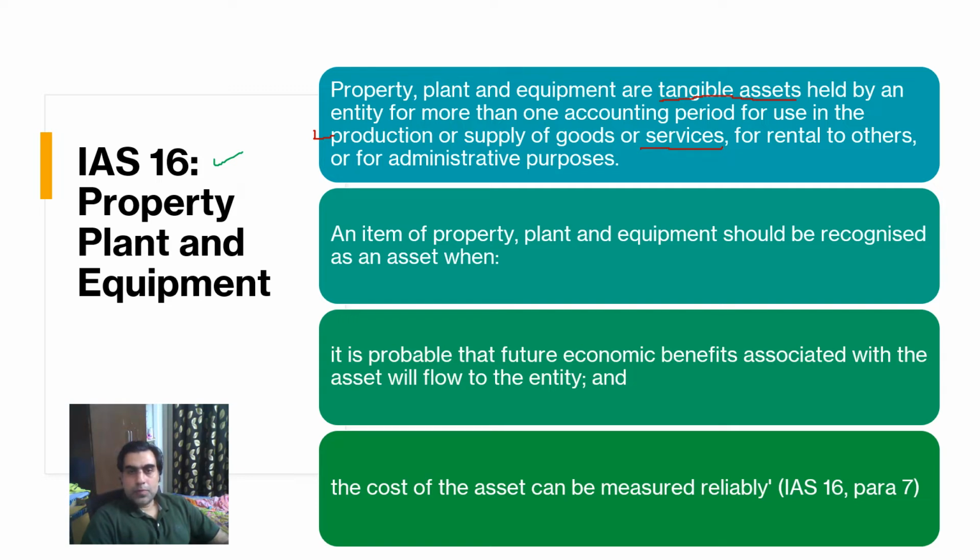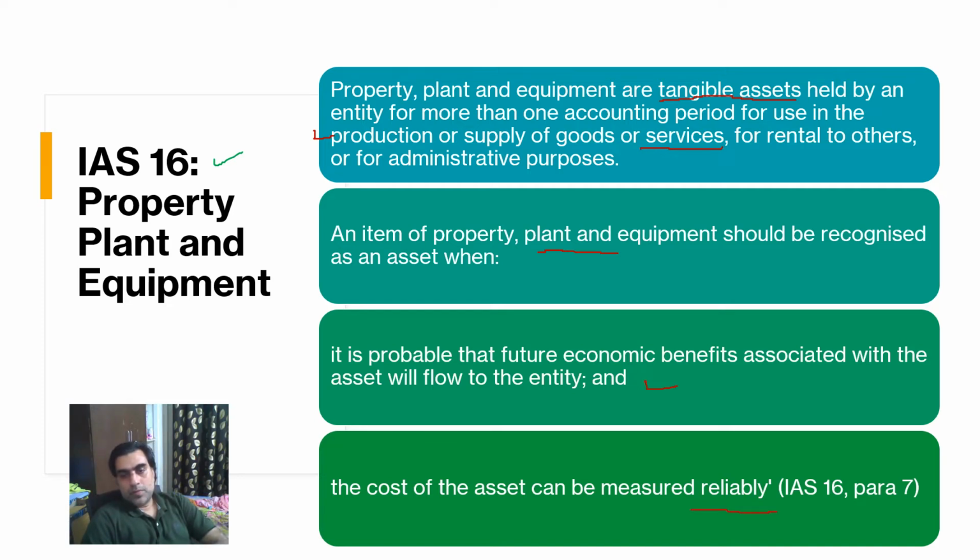An item of property, plant and equipment should be recognized as an asset. Even if it is property, plant and equipment, you have to recognize it if it is probable that future economic benefit associated with the asset will flow to the entity, meaning it will give benefit to the organization in future, and also the cost of the asset can be measured reliably.